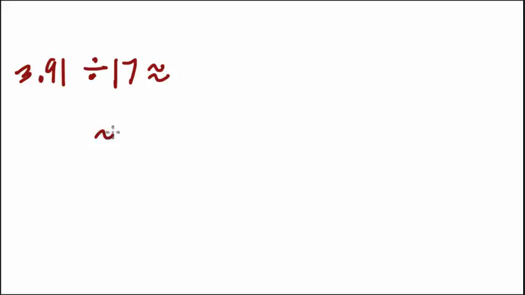The divisor is 17, so we're going to round that, and again, I'm going to round that to 20, like we did before. And I'm going to estimate 3.91 to be 4.